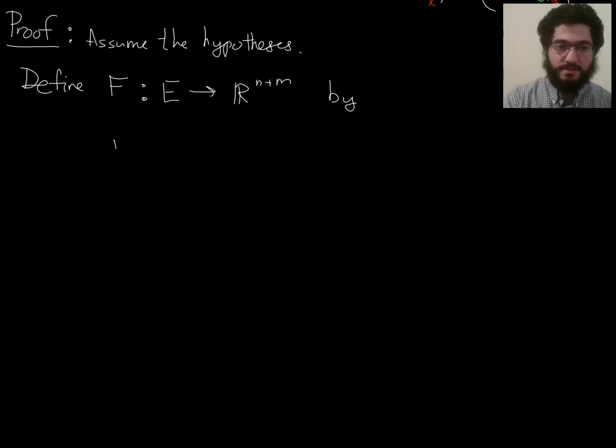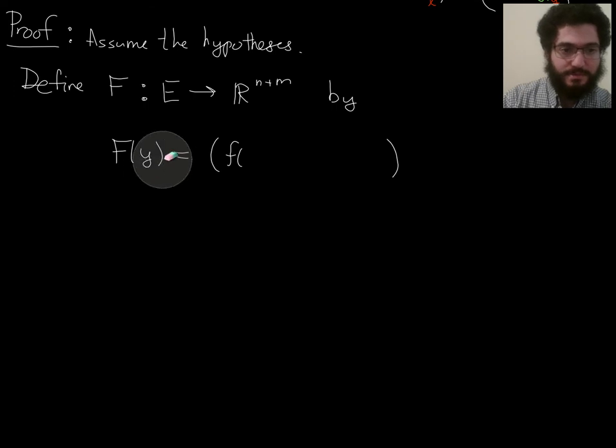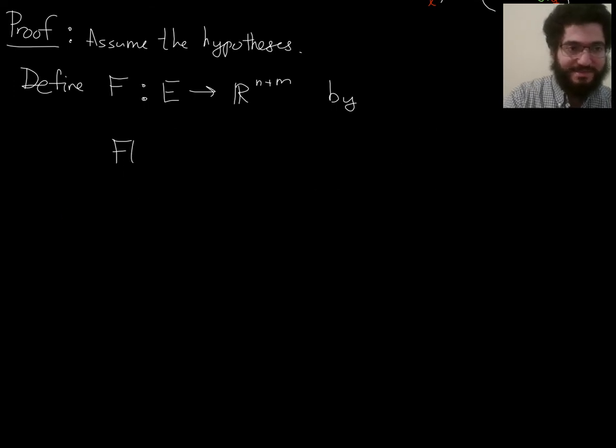So define capital F of (x, y) to be, first of all, here we're thinking of x as being in R^n and y as being in R^m.